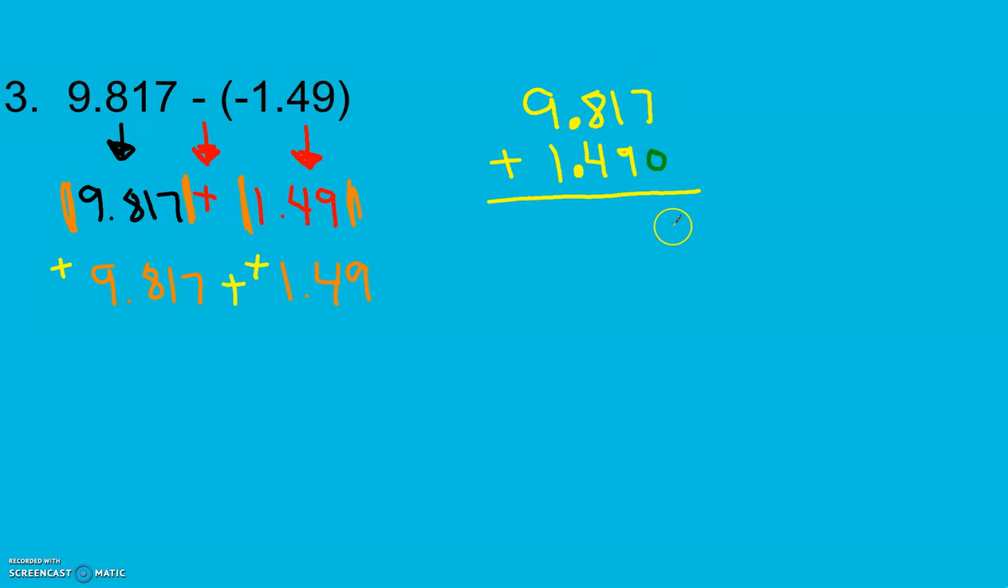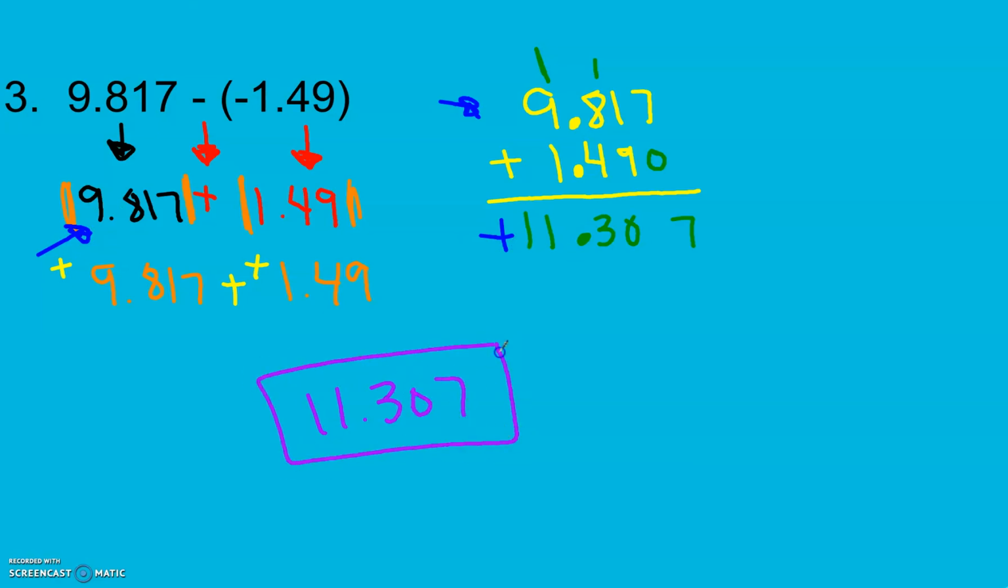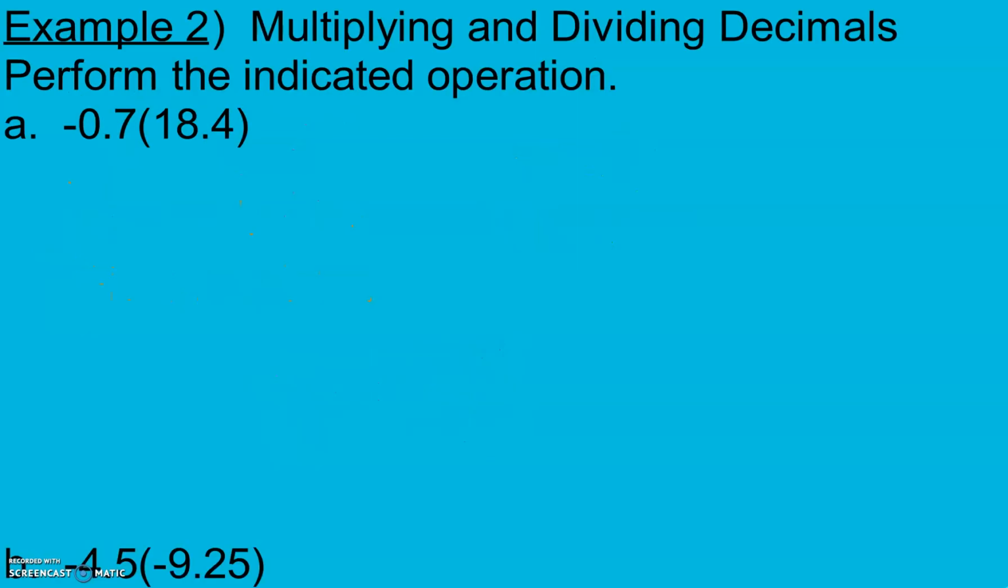Put a 0 to fill. 7, 10, carry the 1, 13, bring my decimal down, carry my 1, and 11. I look back. 9 is bigger, 9 is positive, so my answer is positive. 11.307.